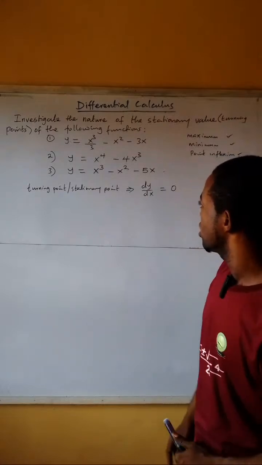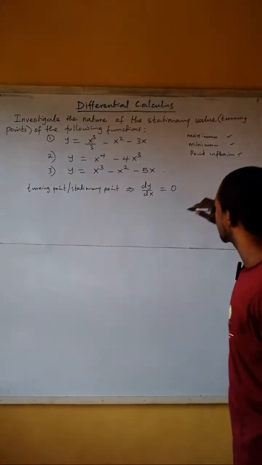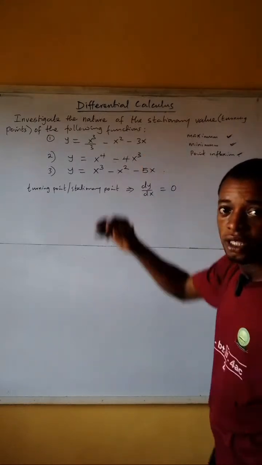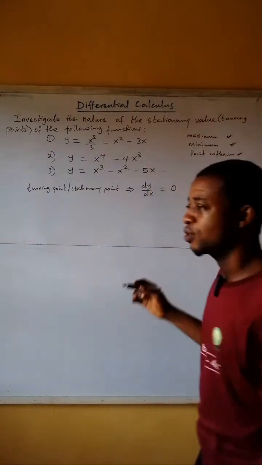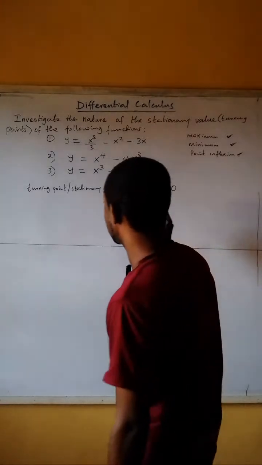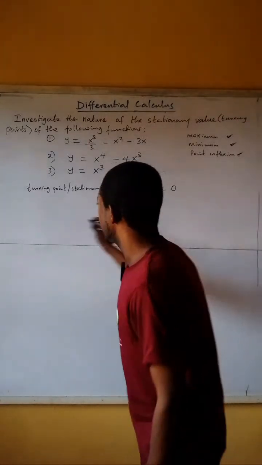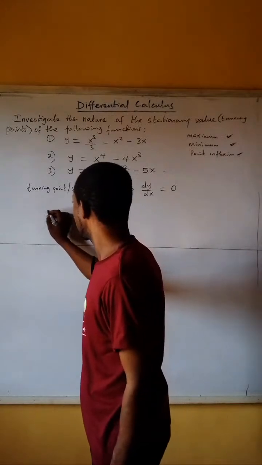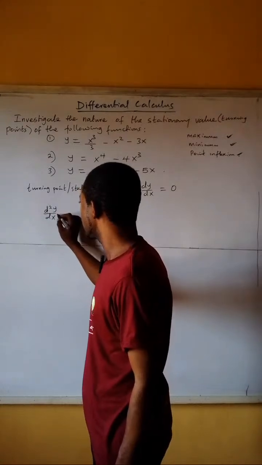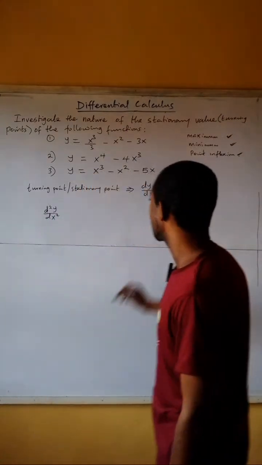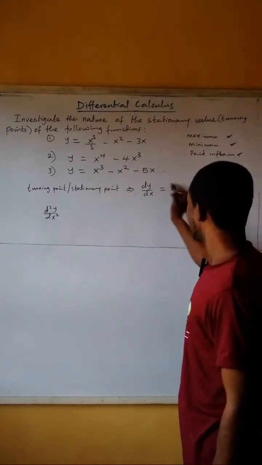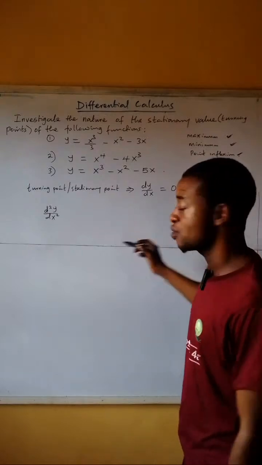Then, to investigate if the turning point is a maximum, minimum, or point of inflection, we need to take the second order derivative. That is, differentiate again with respect to x. Then what we have in the second derivative, d²y/dx², will determine the nature of that turning point. The turning point we have here, we are going to solve this equation after equating it to 0.